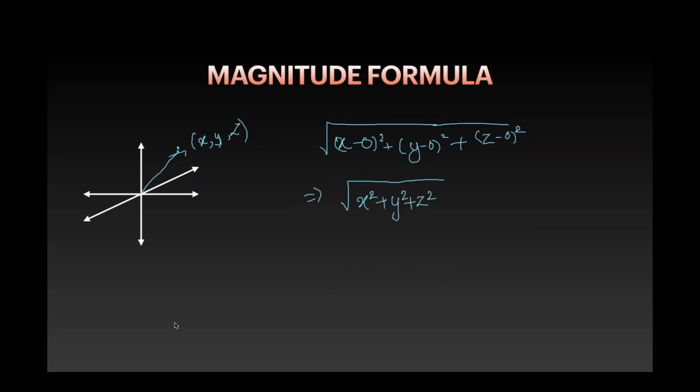So don't you think you can tell the magnitude of x i cap plus y j cap plus z k cap is nothing but this? That's it. That's all. Simple.